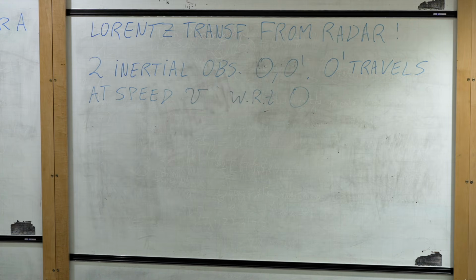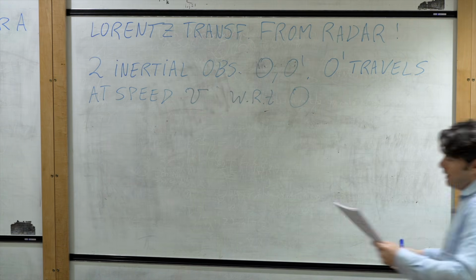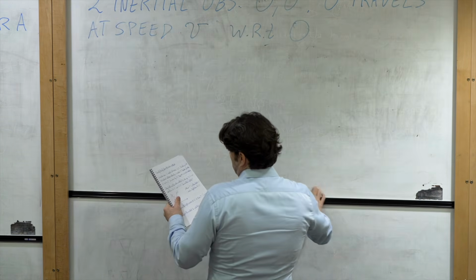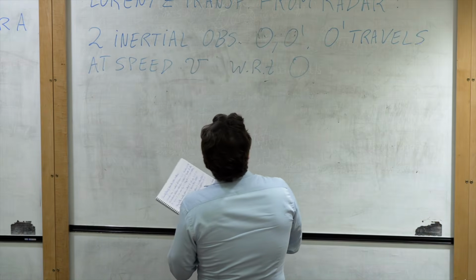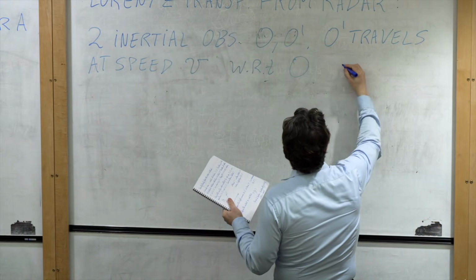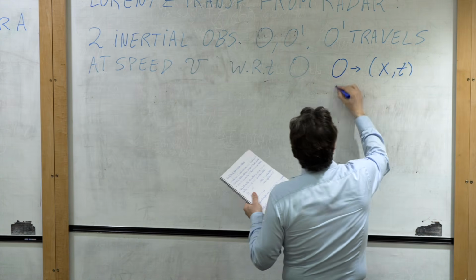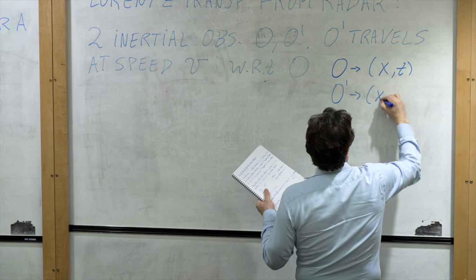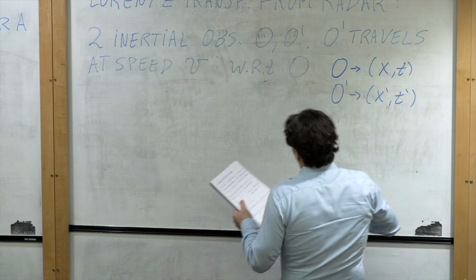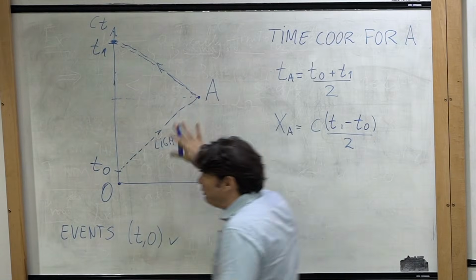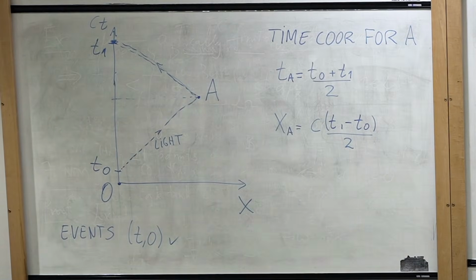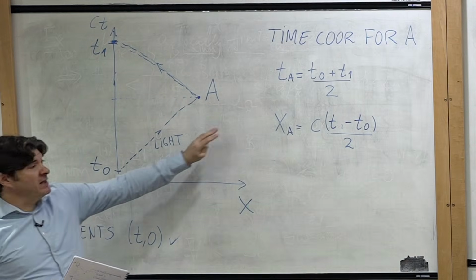This will be true for the rest of the lecture: whenever I say that we have two systems, O and O prime, then O uses a system x, t, and O prime uses a system x prime, t prime. Both use this radar method to decide what the coordinates of events are.